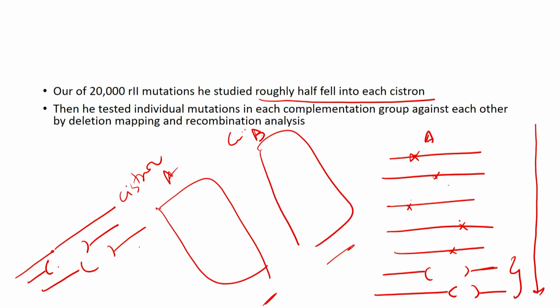Now, you just see that if this region is deleted and you are bringing a point mutation in front of it, which means that both the copies are now absent, you will not get the complementation, right. These viruses will not grow because of the mutation, and that helps you put this point mutation in this particular region, right.